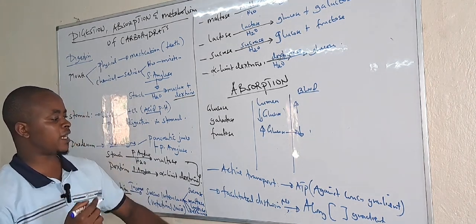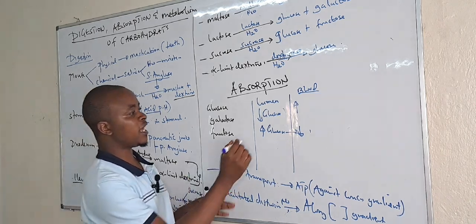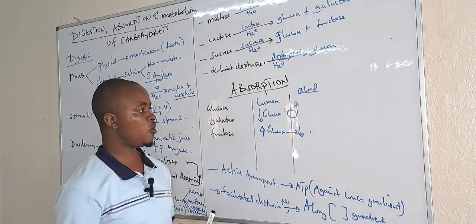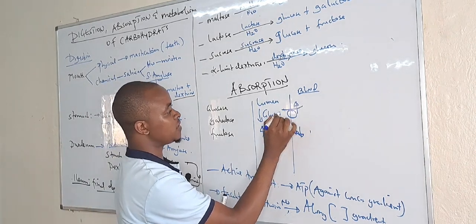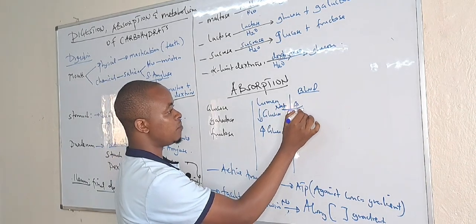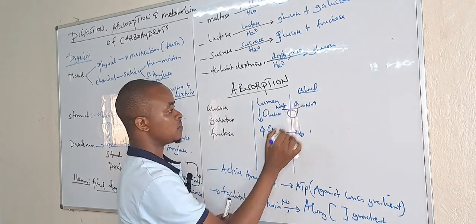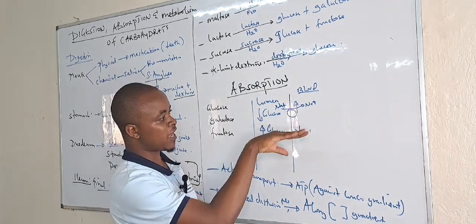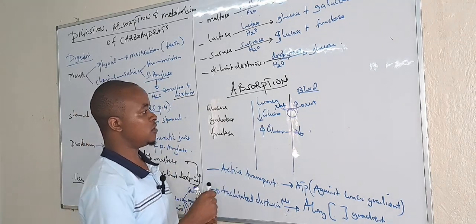And how does active transport occur? I have a transporter in the lumen of the small intestine, the intestinal wall, whereby when sodium is entering inside the blood, then glucose jumps on its back and they move together into blood.